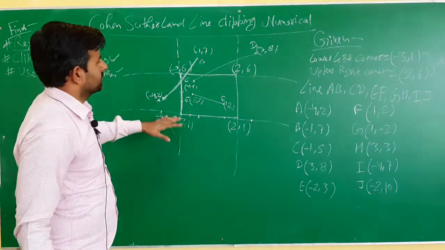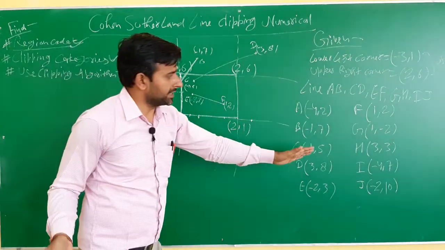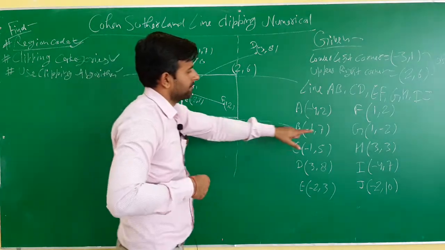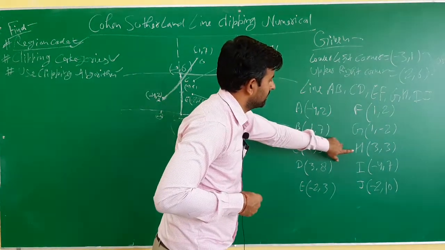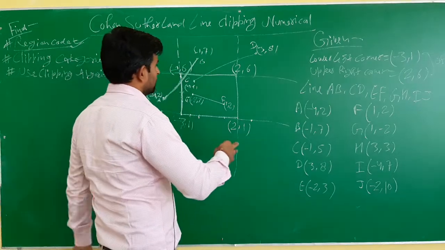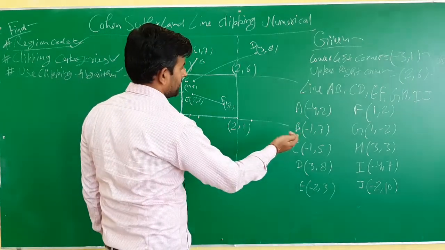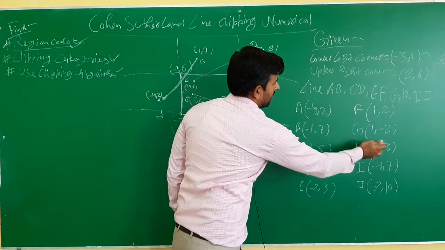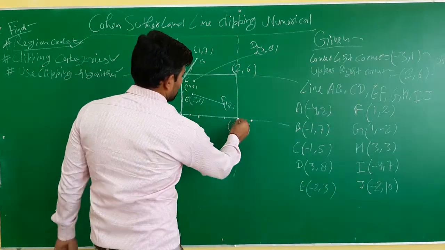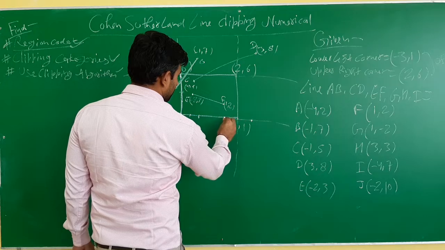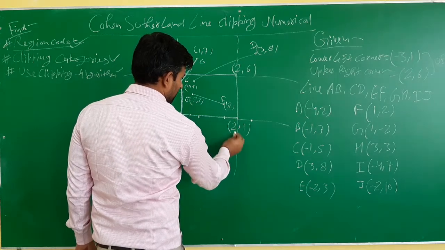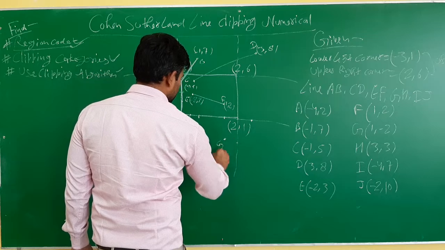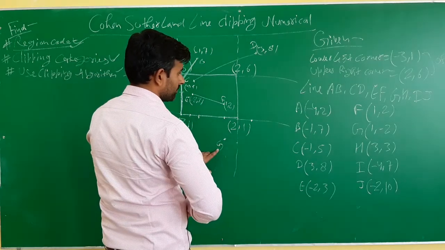Like this we can arrange all these lines. Just try. G and H. G is 1, -2. Then this is the point G. Clear?